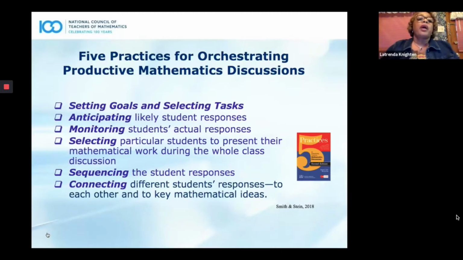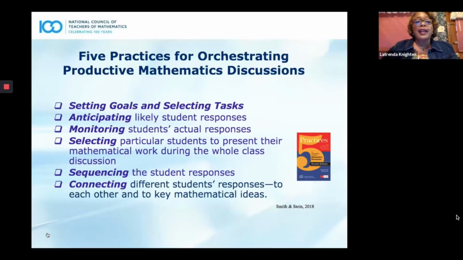So some of you are probably looking on the screen and you're noticing there are more than 5 practices listed on this screen, because actually there are 6. So those of you who are familiar with this resource, you've seen the story written by the authors where Peg Smith mentioned that they know that there's a practice 0, because it all starts with setting those goals and selecting the tasks that you're going to use with students.